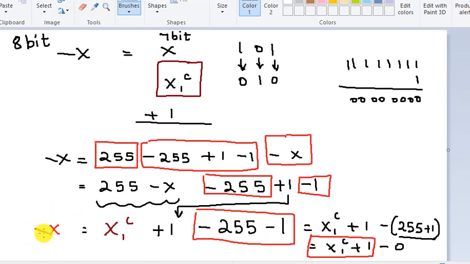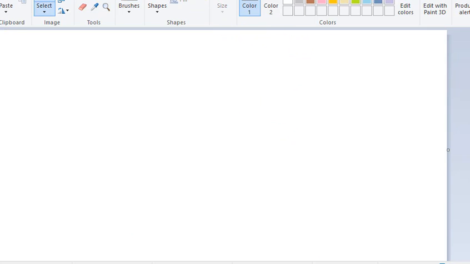Alright, so it's kind of clumsy, but let me again do it a little faster for you. So minus x can be written as 255 minus x plus minus 255 plus 1 minus 1.